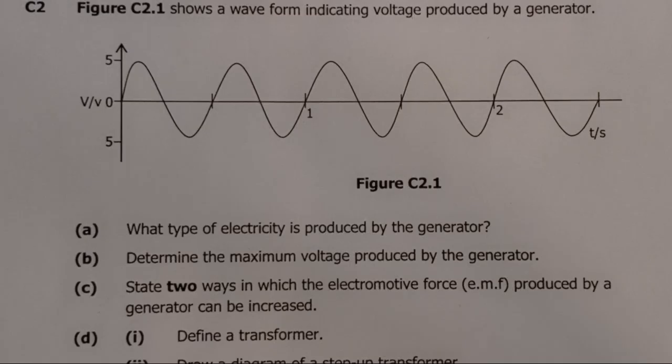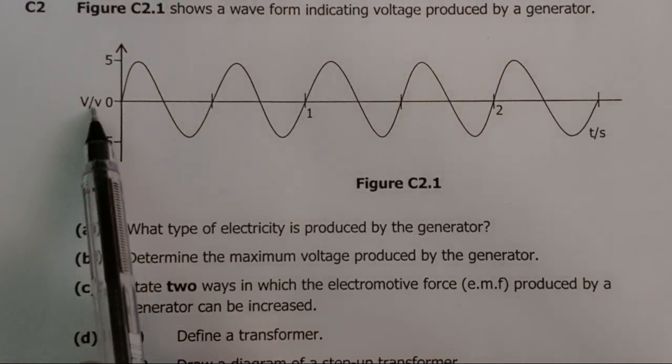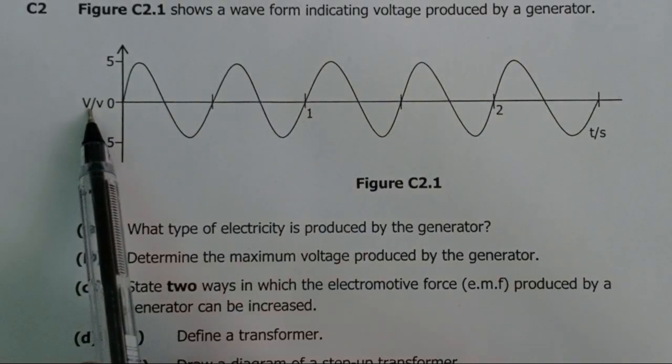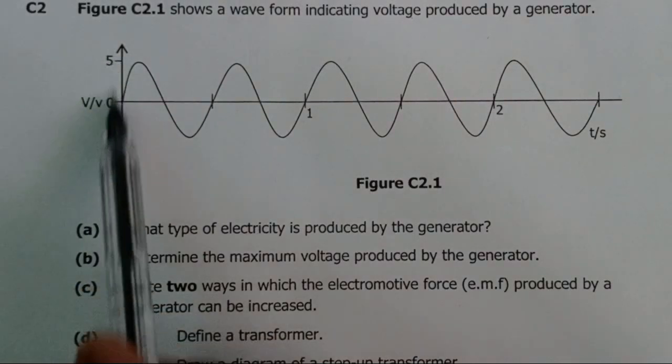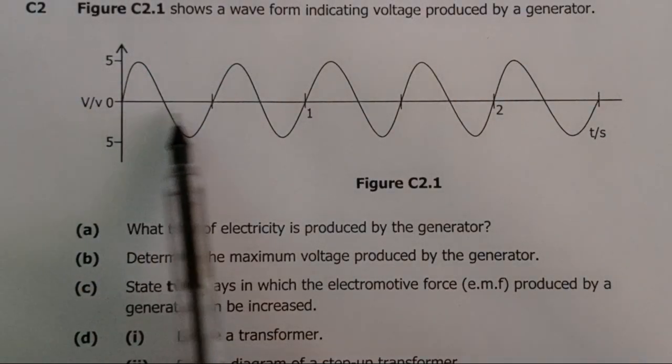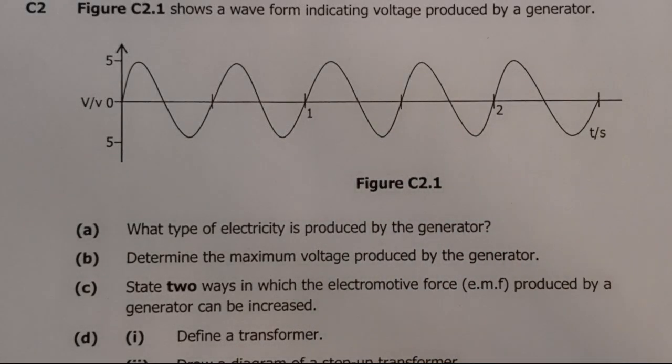C2, figure C2.1 shows a waveform indicating voltage produced by a generator. So that is a wave. On this side we have voltage in volts, that is the amplitude, then we have time in seconds. Part A, what type of electricity is produced by the generator?